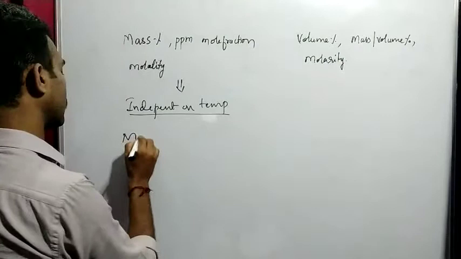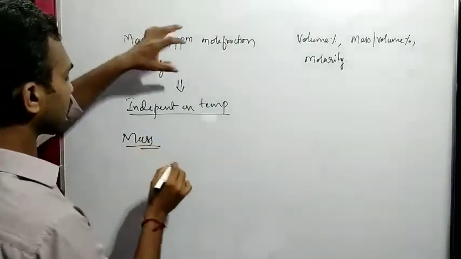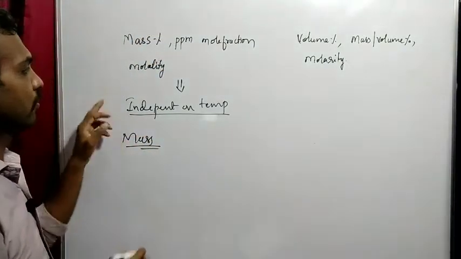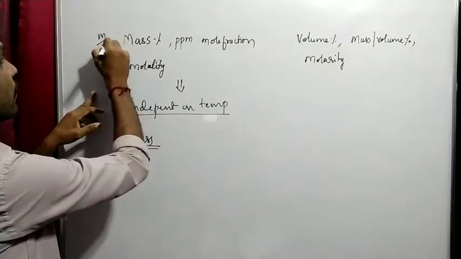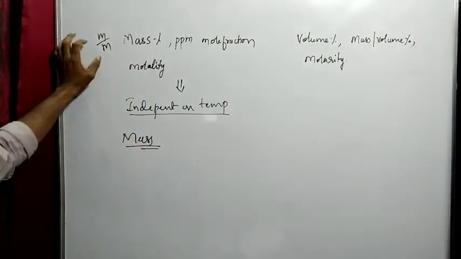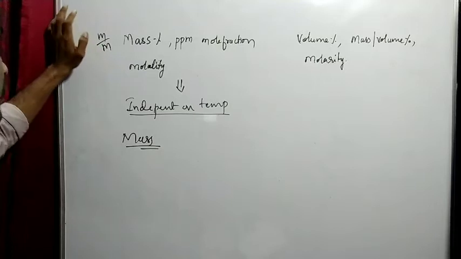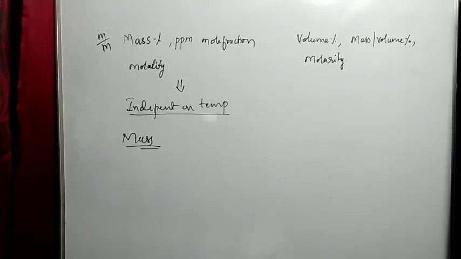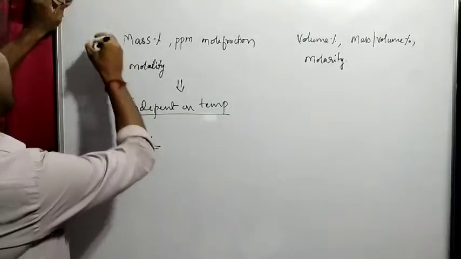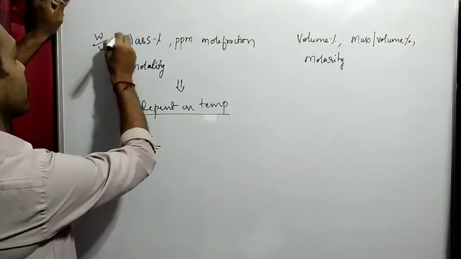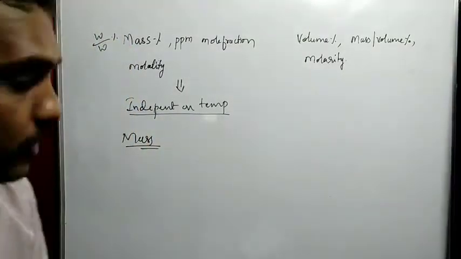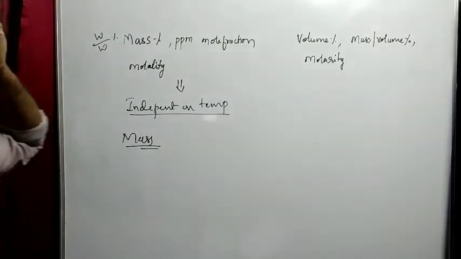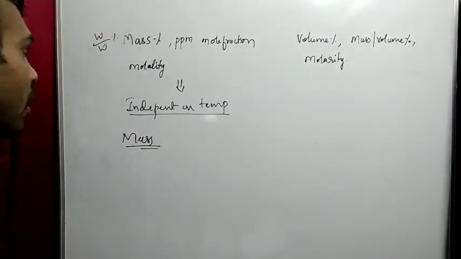Because these all things are based on mass, m by m, or else you can say weight by weight, W by W percentage. If you multiply by 10 to the power of 6 it is parts per million, then mole fraction, and the molality.